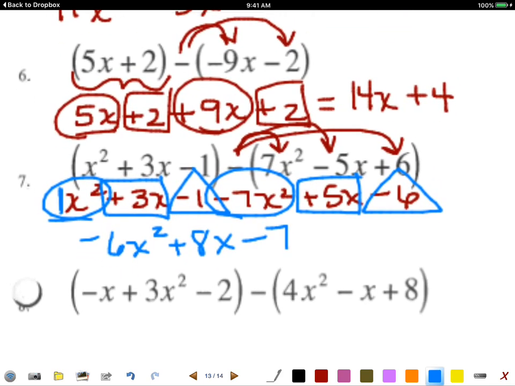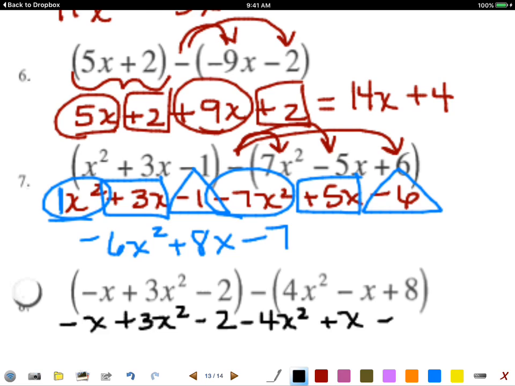Remember, you got to rewrite it first. How many of you got negative x squared minus 10?